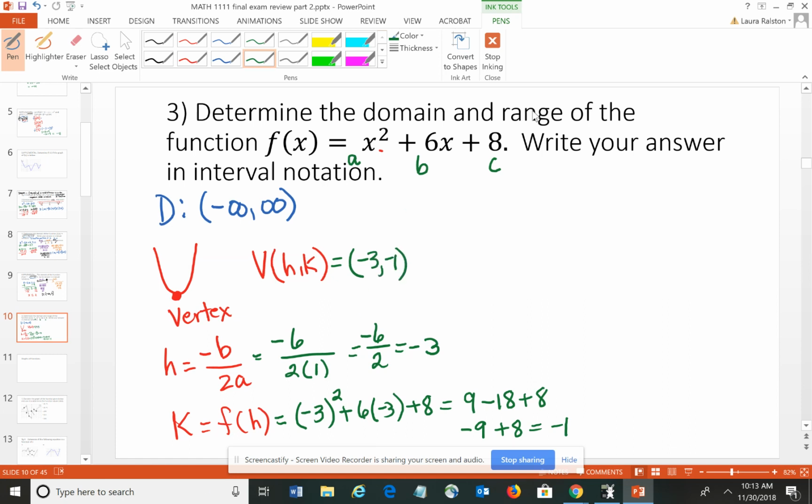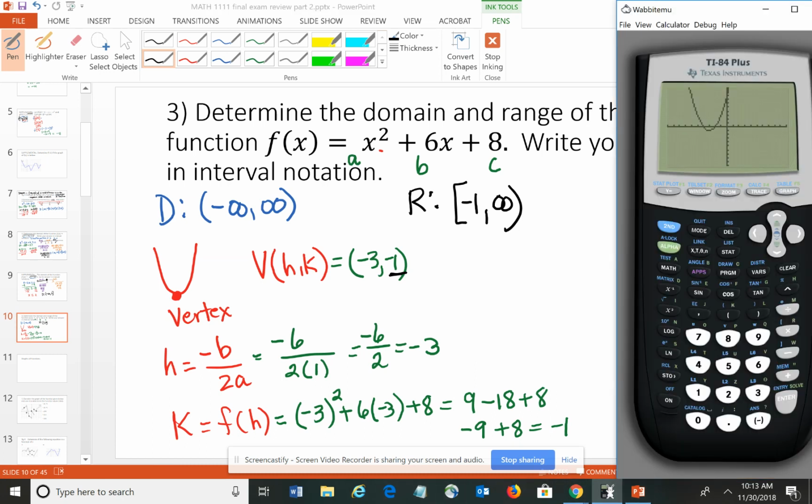The y value there is the -1. So visually, my range, where I would start seeing it on the y-axis, would begin at -1, and it opens upward. So we go to +infinity. Again, you may be able to see that better if you look at your graph and realize, oh, you're going to start at what appears to be -1 and keep going upward.